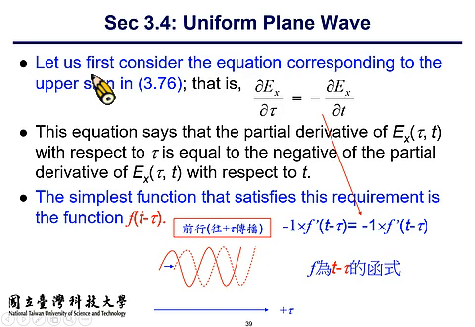And the right hand side, del f over del t, and I have a minus sign over here, equals minus f prime of t minus tau.